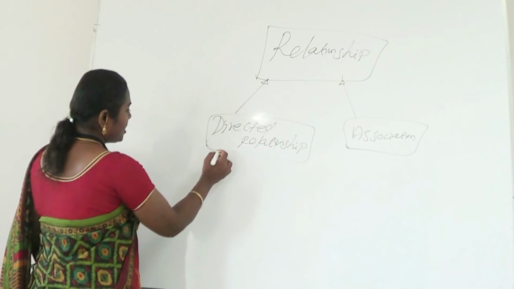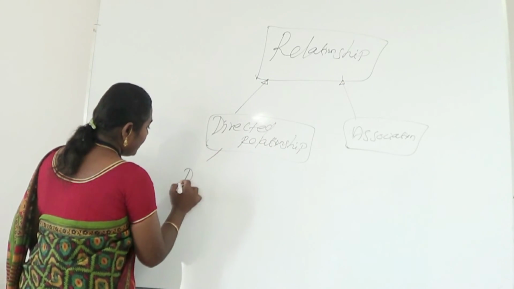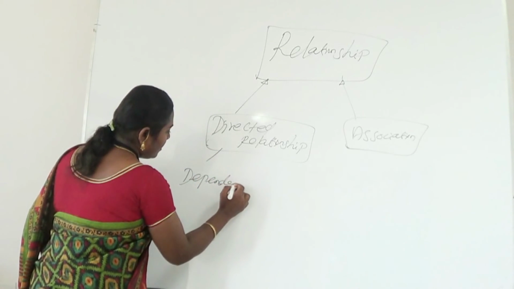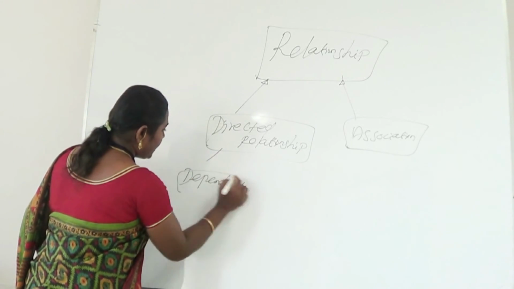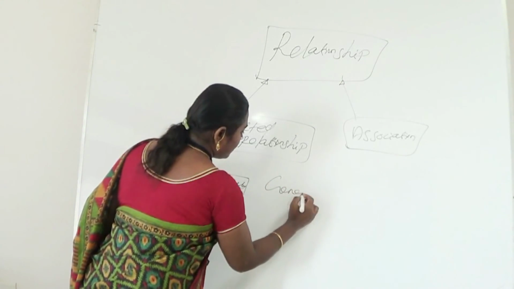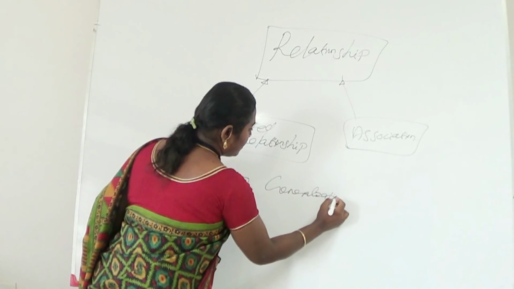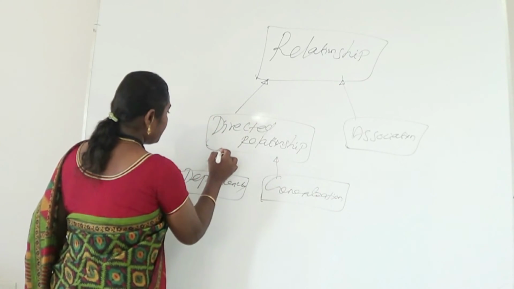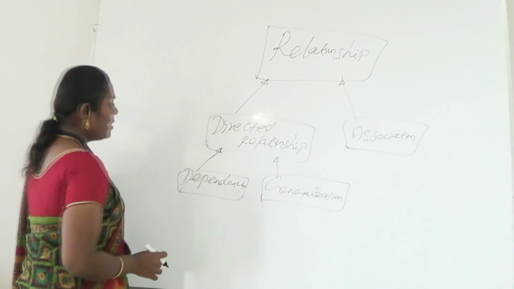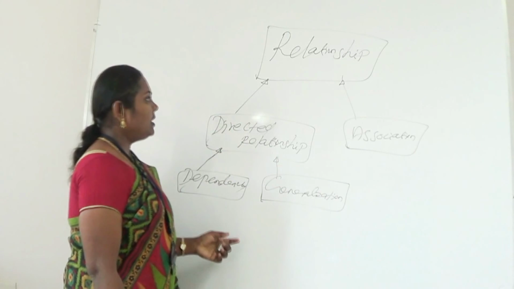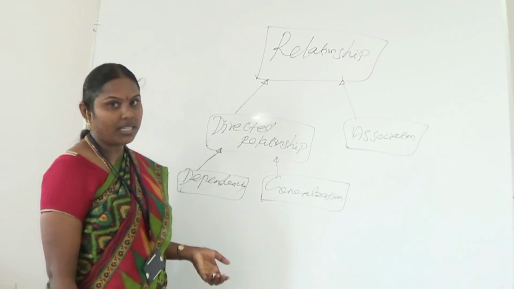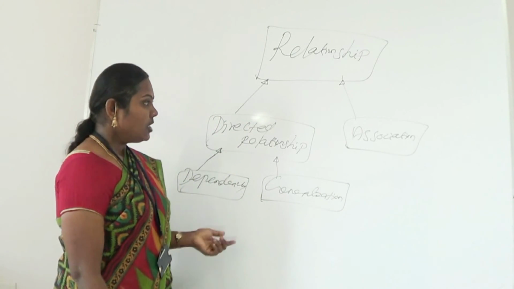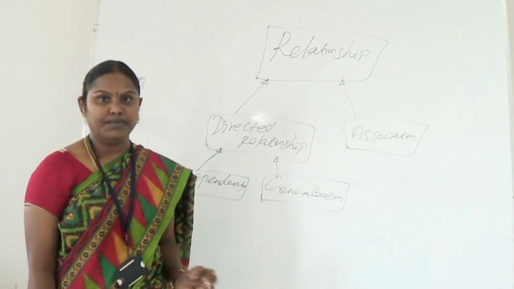In a direct relationship, we have to specify dependency or generalization. Like this, we specify the meta classes, classes about classes. This can be shown in the figure.